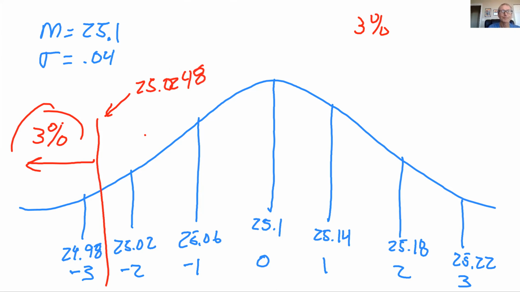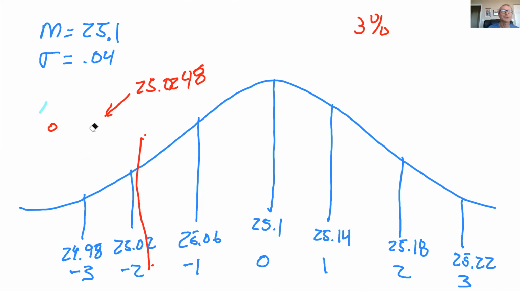So you could see it's actually somewhere right around here because 0.02 is a little bit smaller. So you could see that this line is not quite right on my graph. If you think about it, once you do the calculation, it would be about right there.